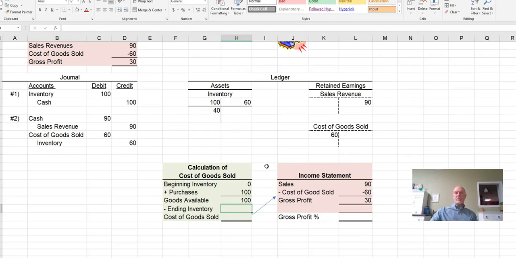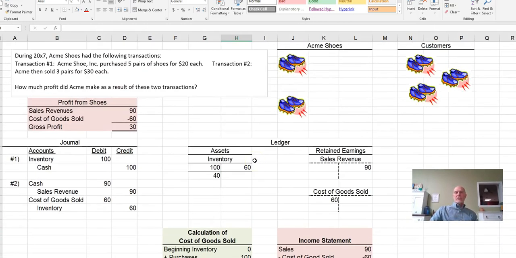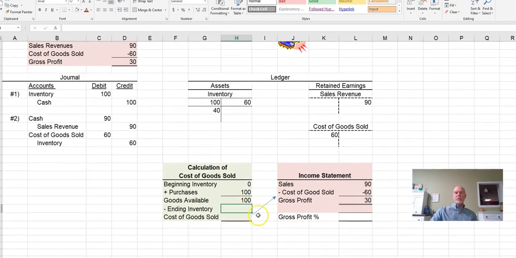So we can count what we still have. In fact, some of y'all may have been involved in taking an inventory at some store or some place where you've worked. When you take an inventory, you actually go out there and count it. Like here, we would count 1, 2. We still have these 2 pair of shoes in inventory. And at $20 a piece, that's $40. That's the 40 that's in our inventory account.